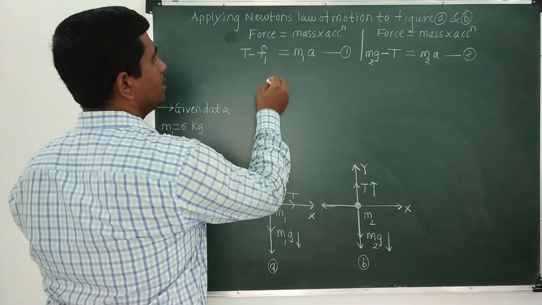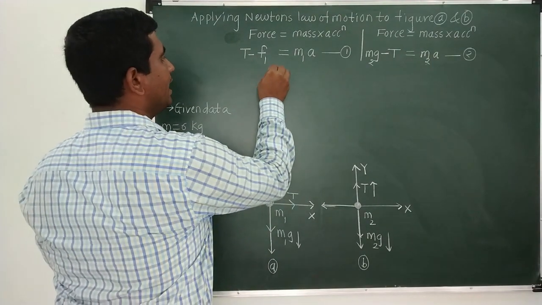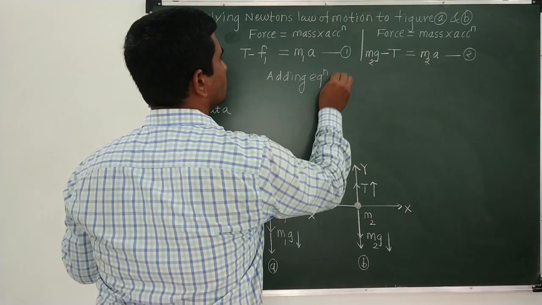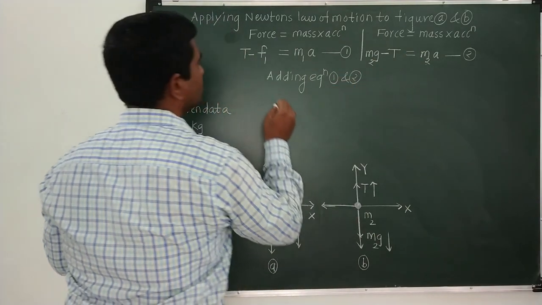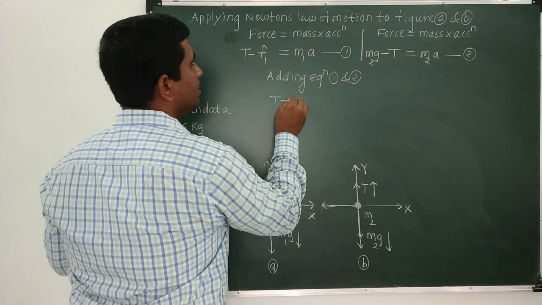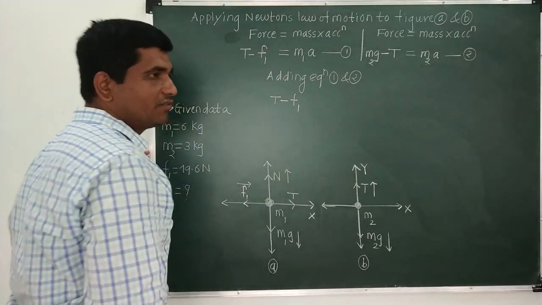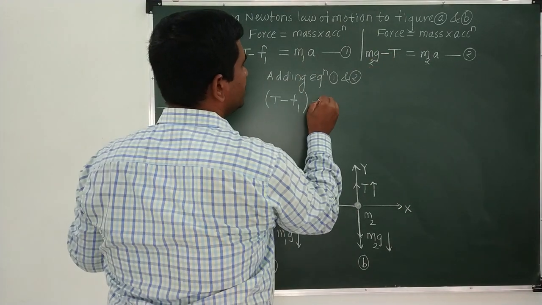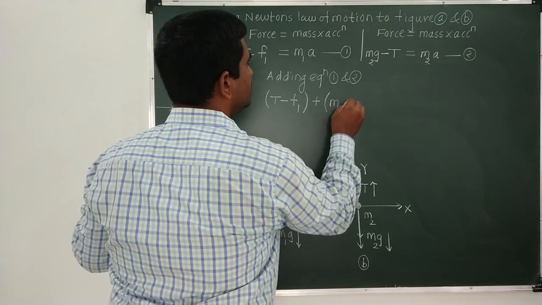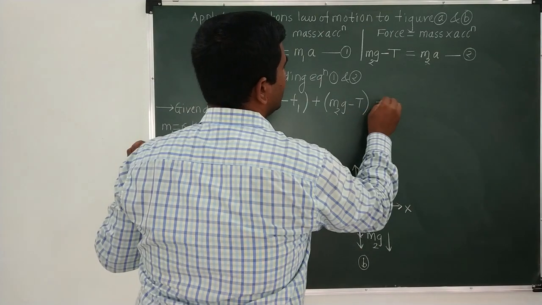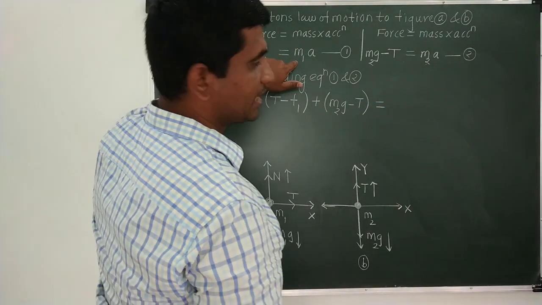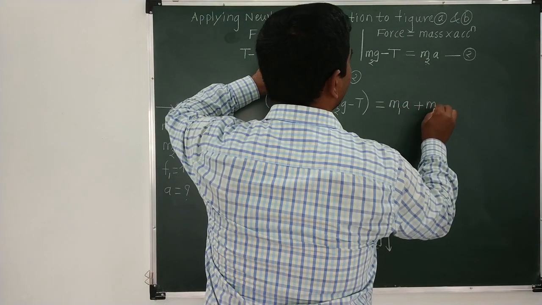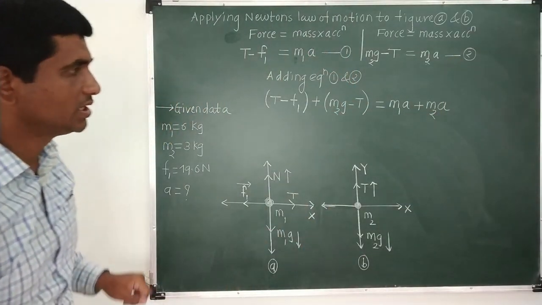So what will we write? Adding equation 1 and 2. What is equation number 1? T minus F1. Addition will be LHS with LHS and RHS with RHS. So this LHS I will add with this LHS, which is M2G minus T, is equal to the RHS addition, that is M1A plus M2A.